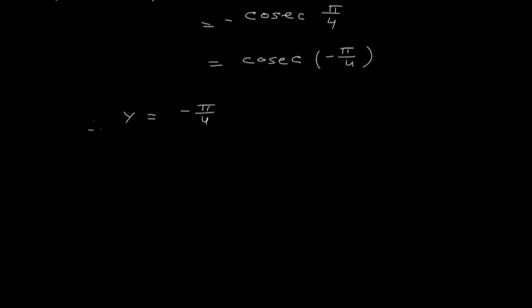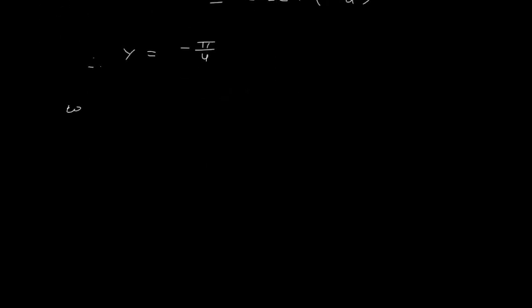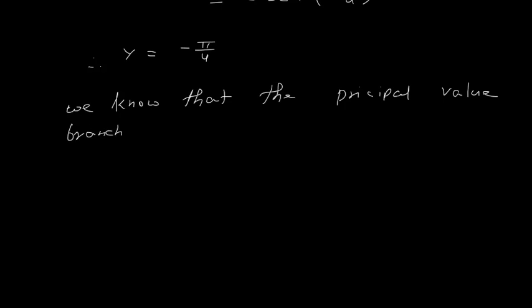Also we know that the principal value branch of cosec inverse is between minus pi by 2 to plus pi by 2 excluding 0.